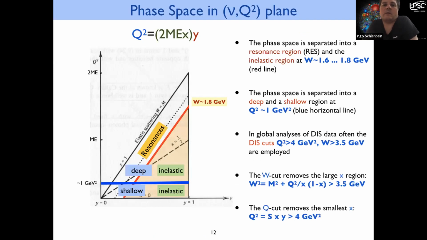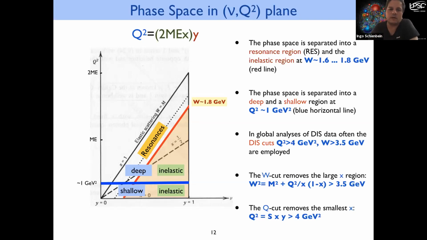So then one can separate the phase space into several regions. First of all, the resonance region, where W is about 1.2, 1.3, 1.4 giga-electron volt, and an inelastic region for W about 1.6 giga-electron volt or more.